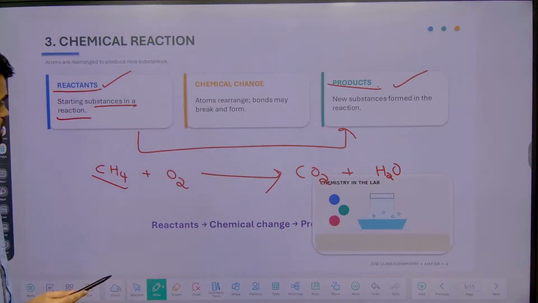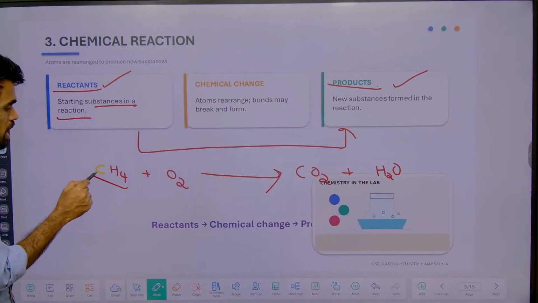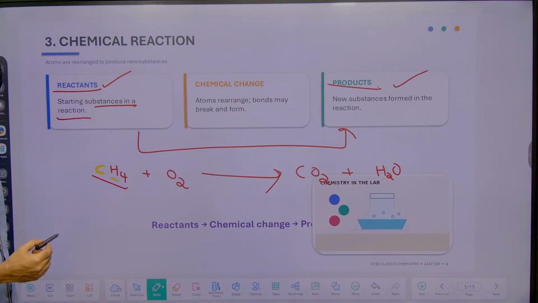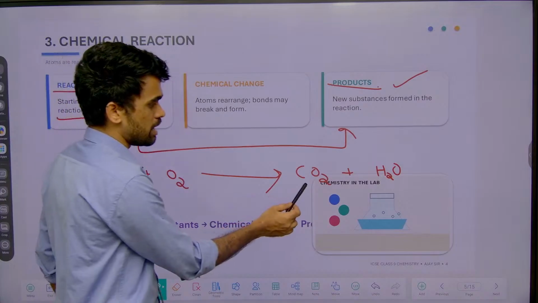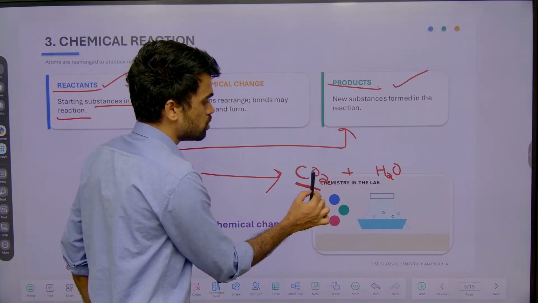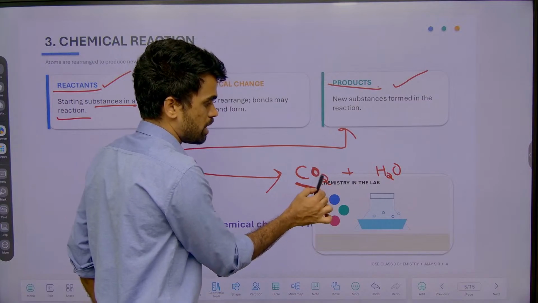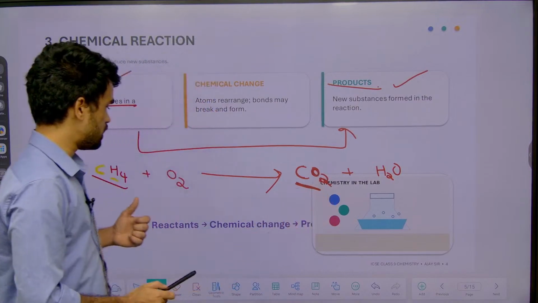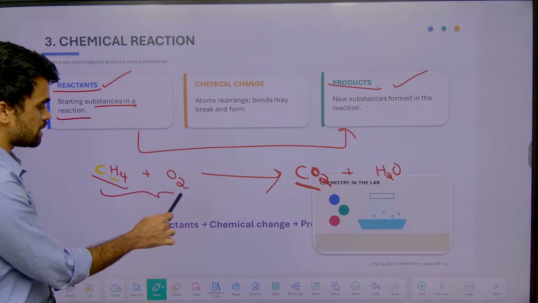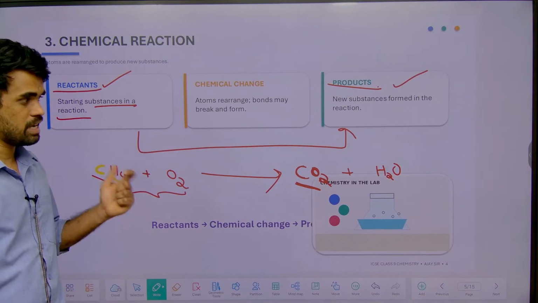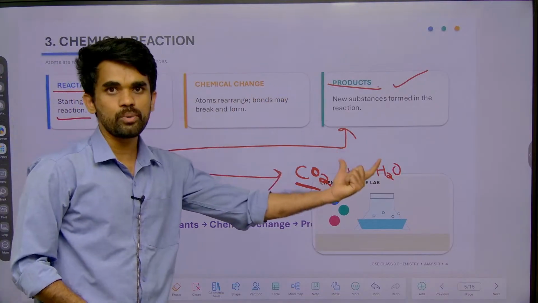Now during this reaction, in the starting material carbon is associated with hydrogens, right? But on the product side, carbon is reorganized, recombined with oxygen. It means the atoms on the left side get rearranged when converting into the product side.